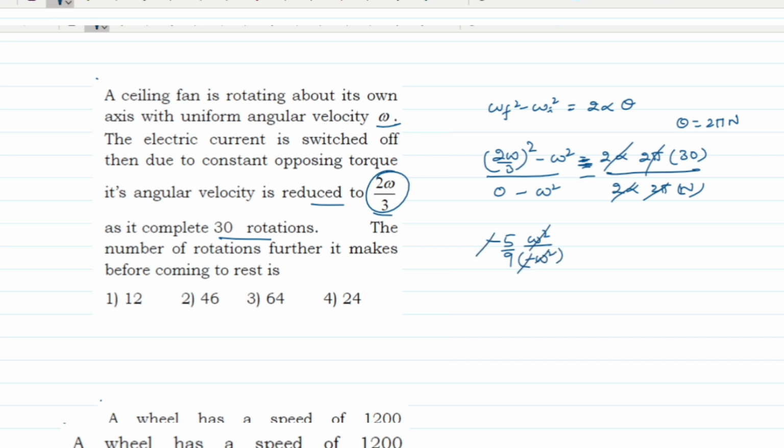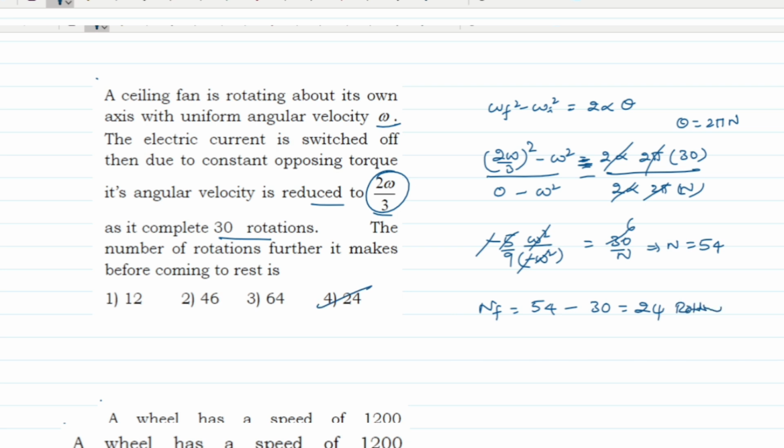The minus gets cancelled, omega gets cancelled, and we get 30 by n. Here 6 times it is going, and the n value is 54 rotations. Initially it makes 30 rotations, so the further rotations are 24.